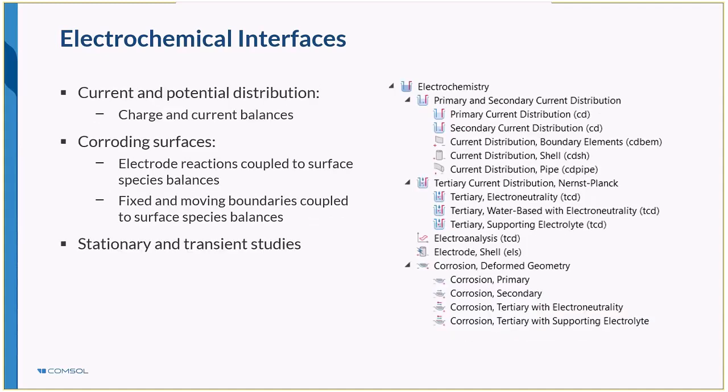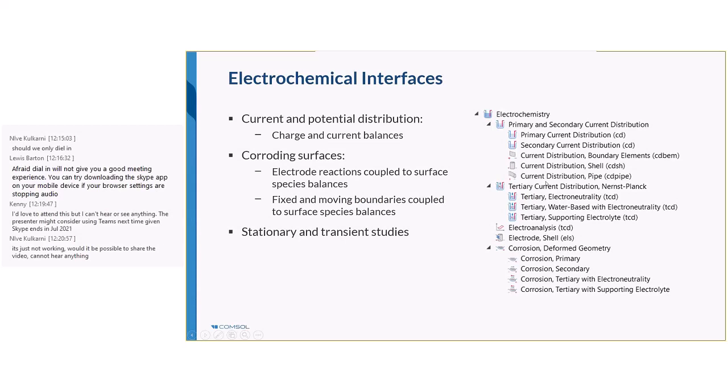The majority of corrosion simulations within COMSOL will use one of the current distribution interfaces we have here. These offer three levels of complexity for describing corrosion processes. The first interface, the primary current distribution interface, assumes charge transport is described by Ohm's law in both electrode and the electrolyte, with the potential between the electrode and electrolyte set by our equilibrium potential.